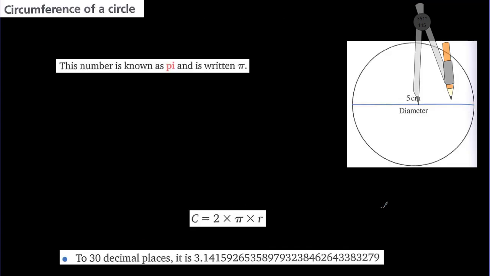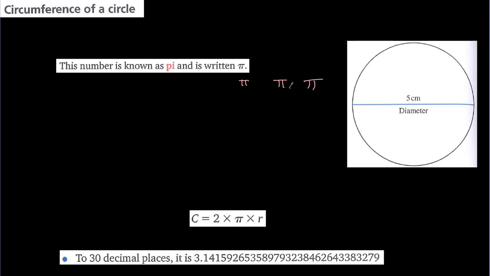Okay, let's continue here. While we are solving for the circumference of the circle, we are using one special value that is called pi. The number is known as pi and written like this. Here we are going to write it like this, or some people write it like this, or like this.